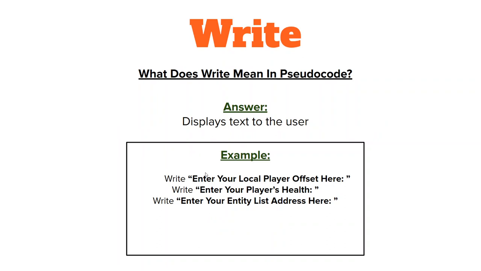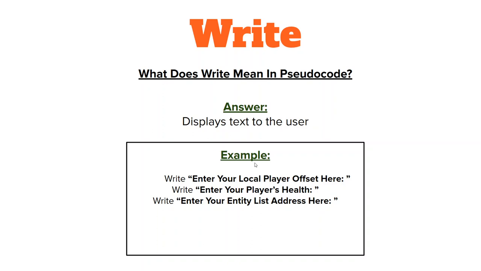What write means is that it displays text to the user. Before you enter your information, you're going to have a prompt that tells you to do so. So this is what you'll see.